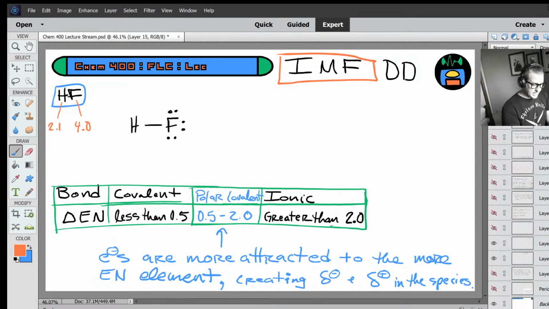So if you calculate the difference in electronegativity, 4.0 minus 2.1 comes out to be 1.9.